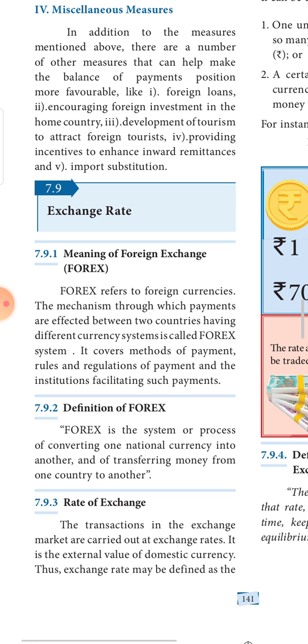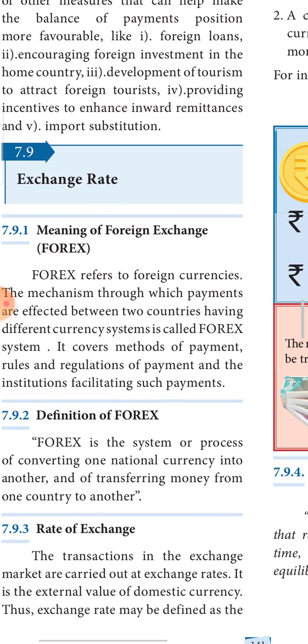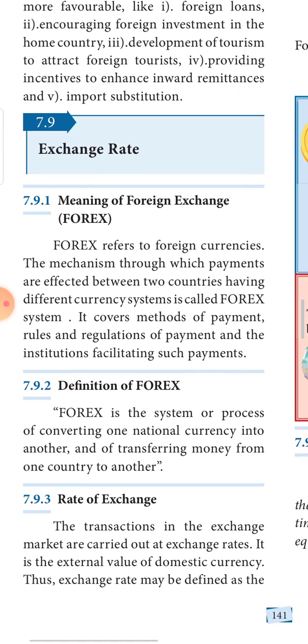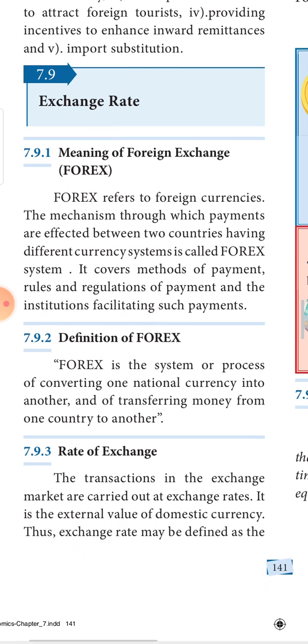Forex means foreign exchange: the amount of money that an Indian currency will be able to buy, that much equivalent amount of foreign currency. Forex refers to foreign currencies. The mechanism through which the payments are made between two countries who have commercial transactions, you call that system forex.